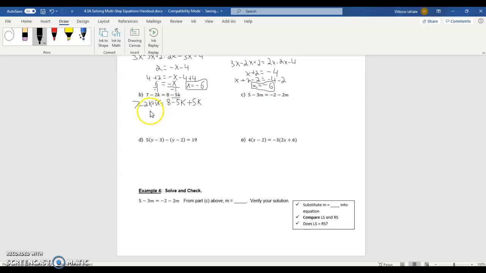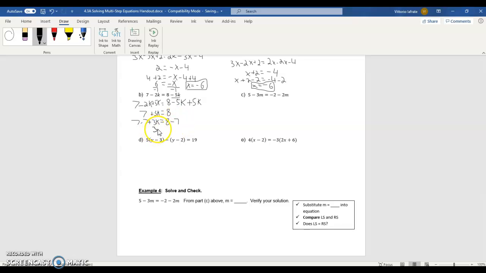Now I can simplify. I get 7 minus 2k plus 5k. It's 7 plus 3k is equal to minus 5k plus 5k, which is 0, is equal to 8. Now I can simply solve by doing 7 minus 7 plus 3k is equal to, since I took 7 away, I need to take 7 away on the other side as well.